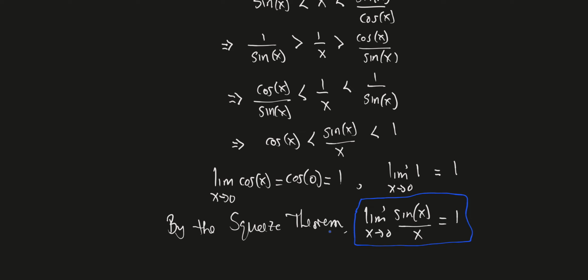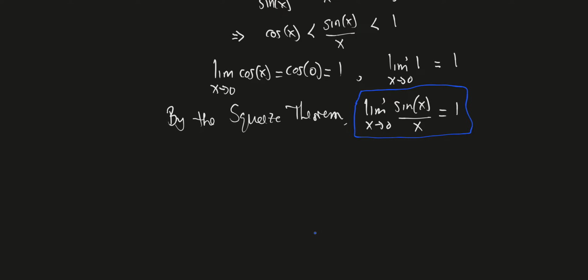The other one that we will need, it's another one where it's interesting the way it pops up. But the other important trigonometric limit that we need is this. The limit, again, as x approaches 0, and the function is 1 minus cosine of x over x.